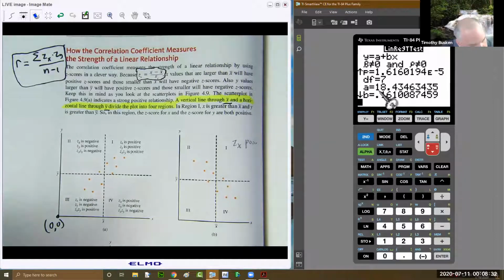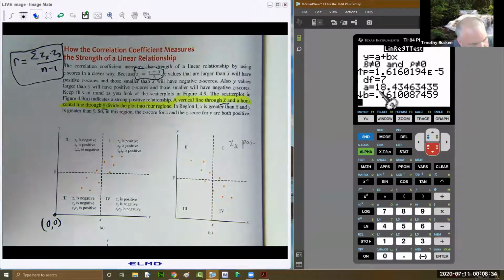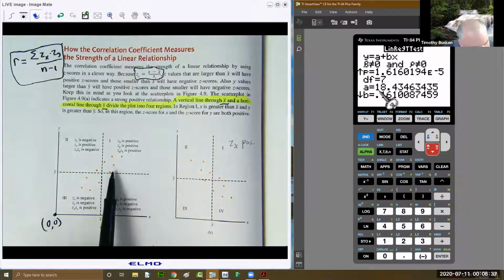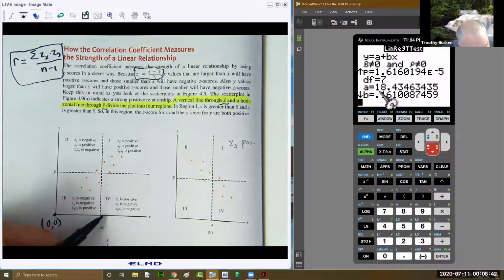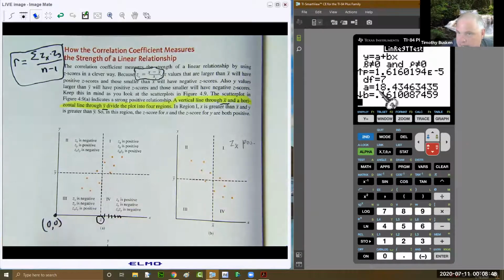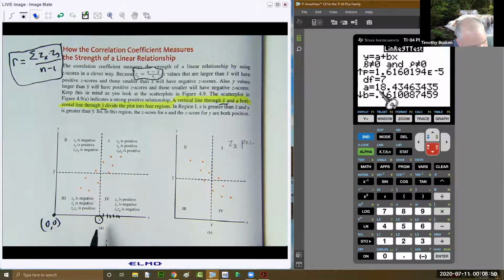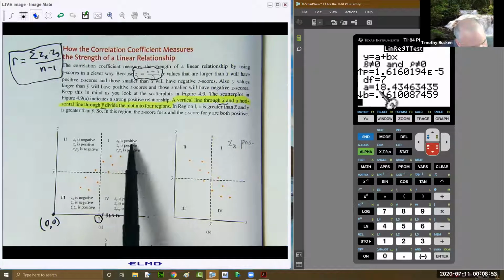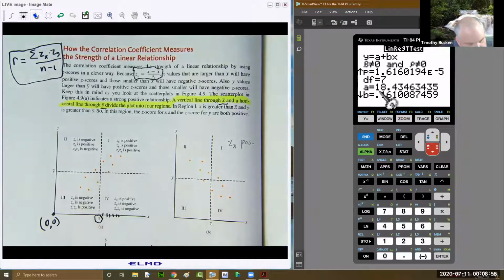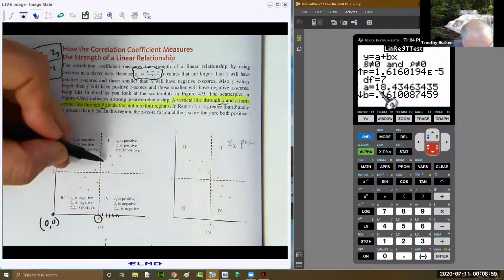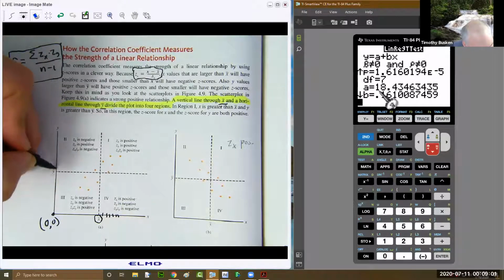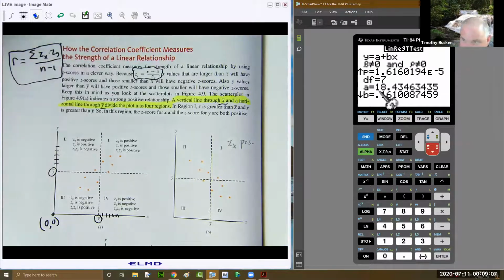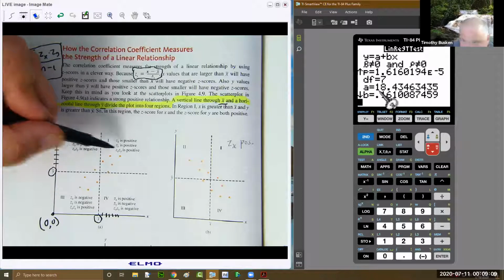And so then, if you take a look at points over here in this first region, all of these points have a value of x which is to the right of x bar, which means they're larger than x bar. And so therefore the z-score, zx, for all of these points will be positive. And now think about the y coordinates of each one of these points. Those y coordinates are all up here at numbers larger than the average, and so that means that zy is going to be positive.